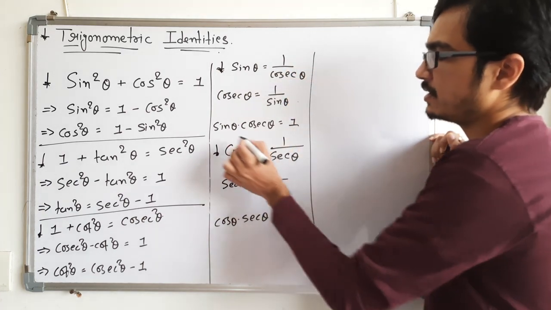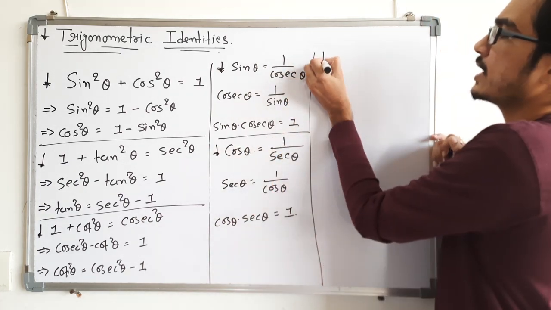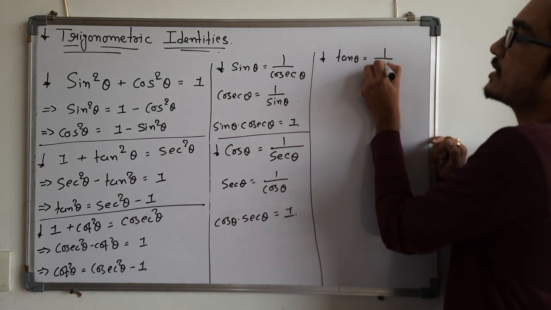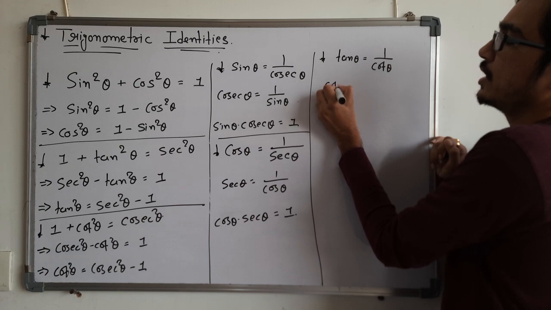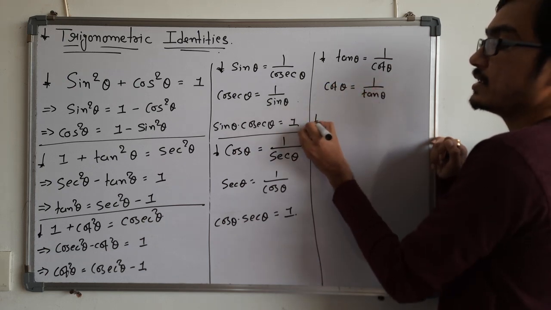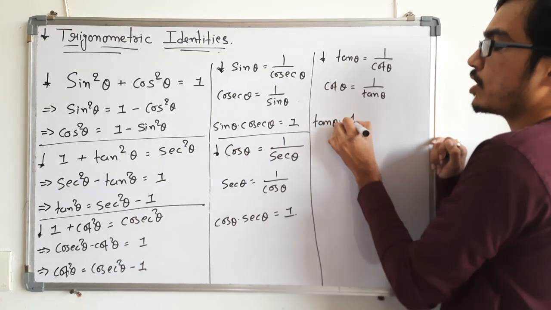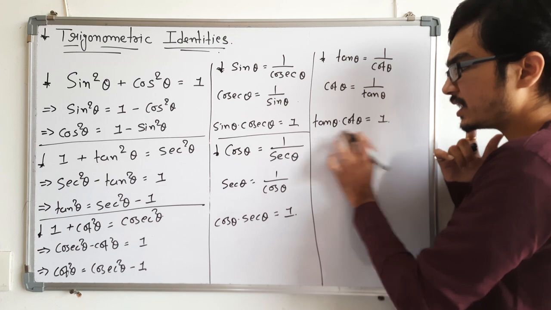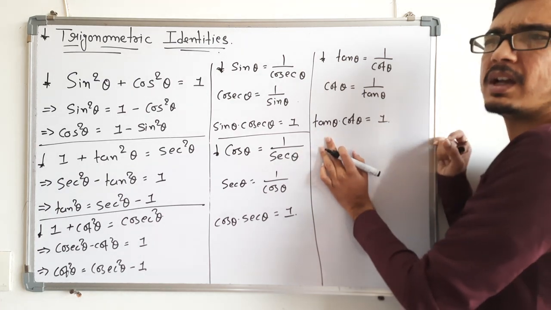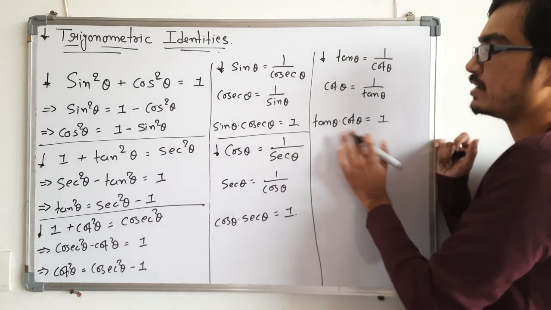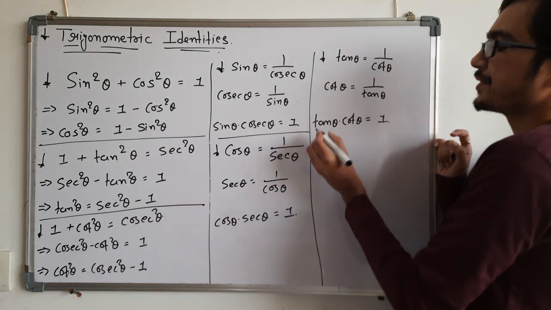In the same way, tan and cot are reciprocals of each other. So tan theta is equal to 1 upon cot theta. Cot theta is equal to 1 upon tan theta. Or else tan theta into cot theta is equal to 1. This we have used in the previous exercise, maybe in the complementary functions exercise also. Tan into cot is equal to 1.